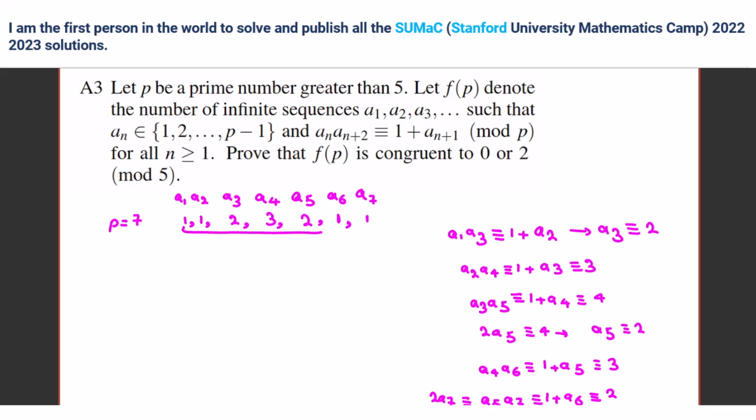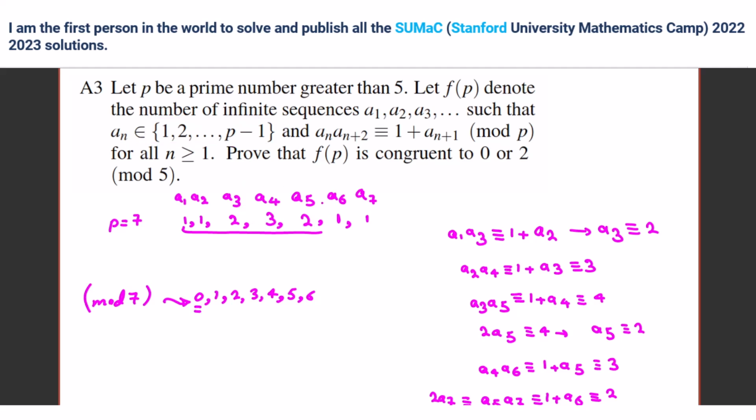Let me ask you this: if we consider mod 7, what are all possible numbers mod 7? 1, 2, 3, 4, 5, 6, and 0. But here it says we only have 1 to P minus 1. So what number is not possible in this problem? 0. Yes, so we should pay attention.